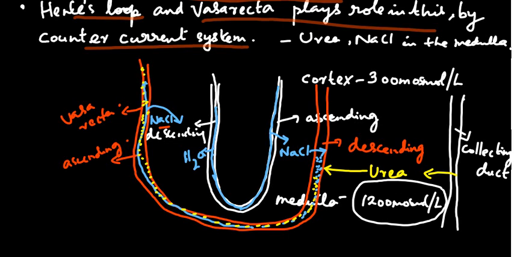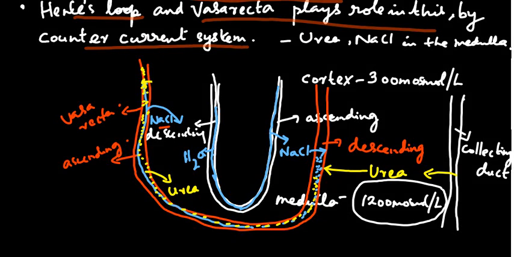And from the ascending limb of vasa recta, the urea also moves into the medulla part. So that is how the urea as well as the sodium chloride concentration in the medullary interstitium increases.